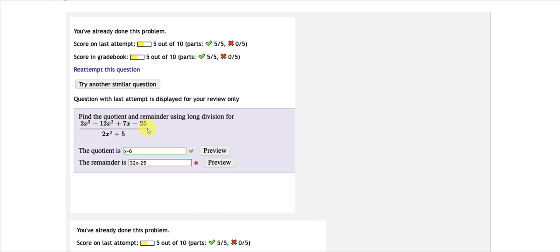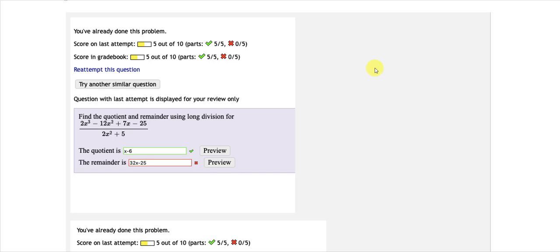Okay, the first problem. One student did the long divisions and he got incorrect answer for the remainder. Let's redo the problem and see what we get from here. So I go ahead and perform again the long division.